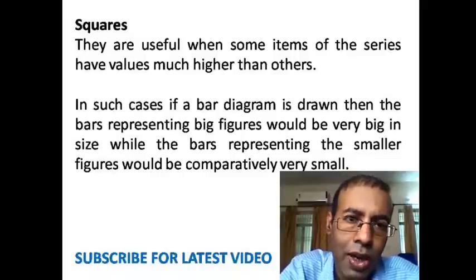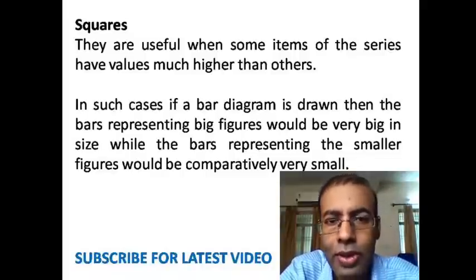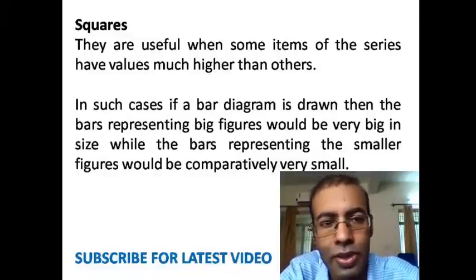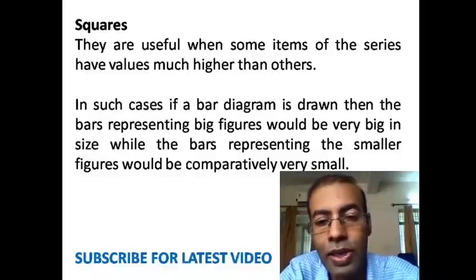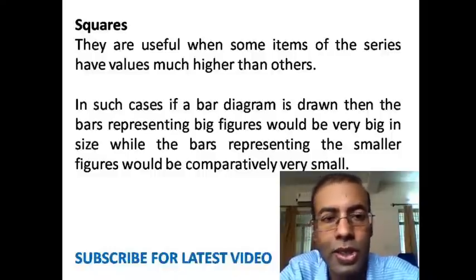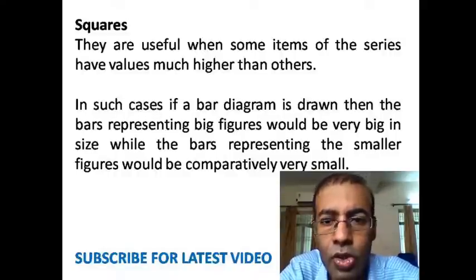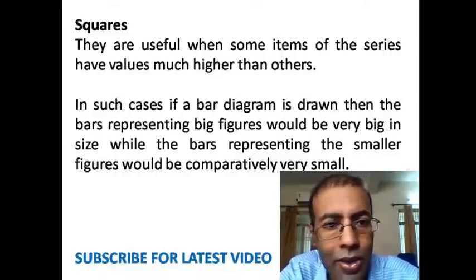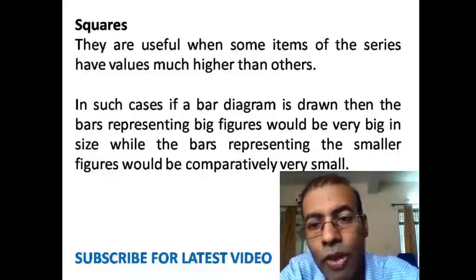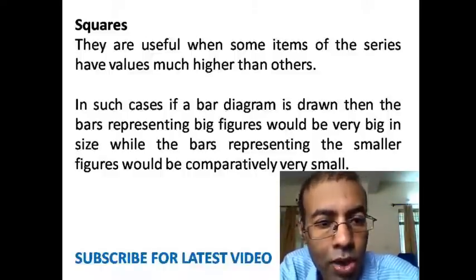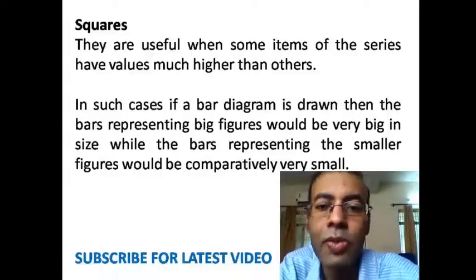Square diagrams are useful when some items of the series have values much higher than the others, and this will be clear when we see some examples. In such a case, if a bar diagram is drawn, then the bars representing big figures would be very big in size, while the bars representing the smaller figures would be comparatively very small.